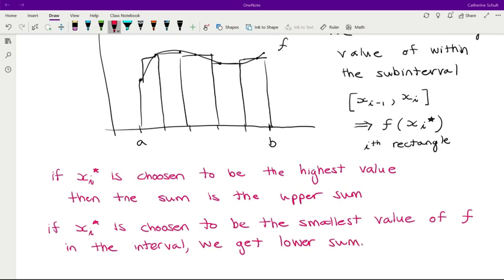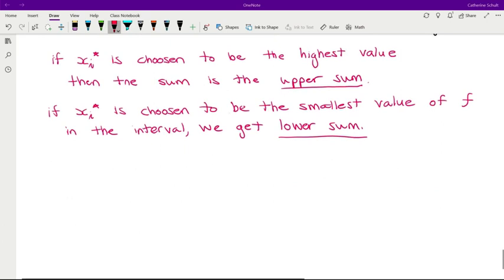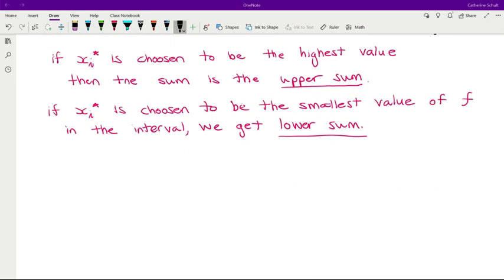Okay, so kind of an intuitive definition, but we're defining upper sum and lower sum. All right, so there you go. So using upper sum and lower sum, we can actually define that area A. So here's just an alternative definition for the area. Redefinition.